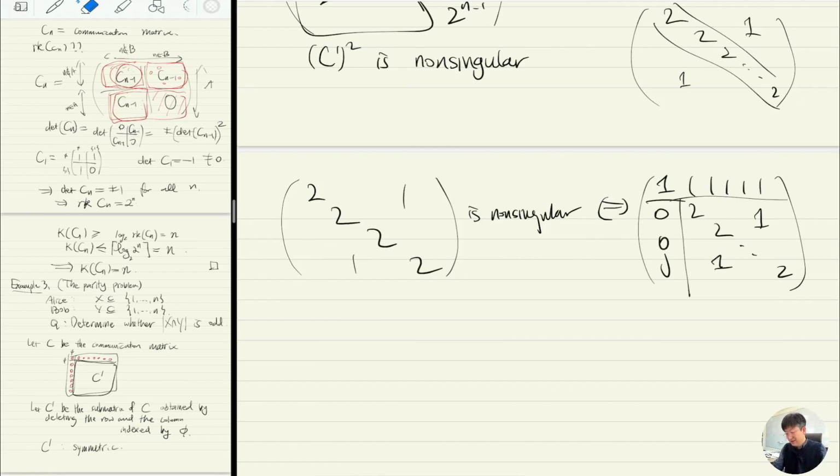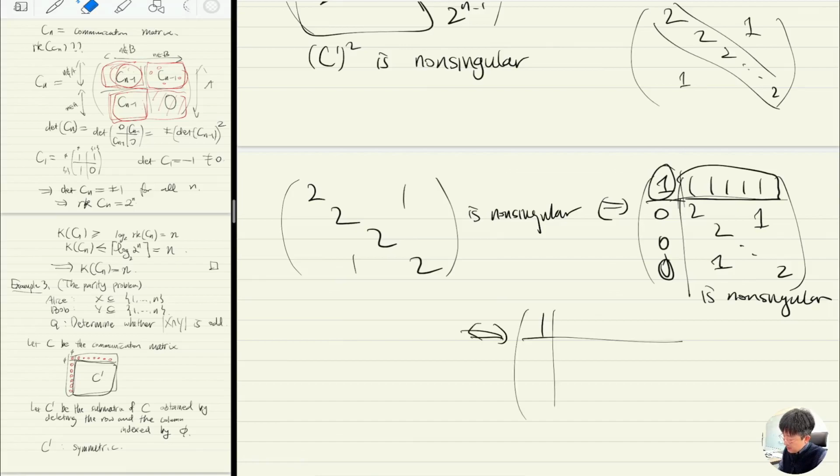This is non-singular, right? Because the determinant is the same. I'm adding one more row and one more column, and the column is almost all 0 except the one entry on top, and then I put 1 here. So both are equivalent, right? Because they have the same determinant, which is the same as 1.